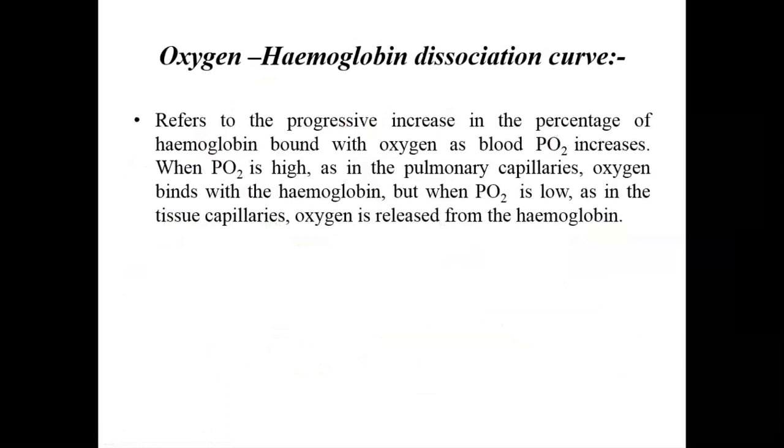Now the relation between oxygen and hemoglobin is best illustrated by what we call the oxygen-hemoglobin dissociation curve. شو نقصد بهذا الكيرف؟ It refers to the progressive increase in the percentage of hemoglobin bound with oxygen as the blood partial pressure of oxygen increases.